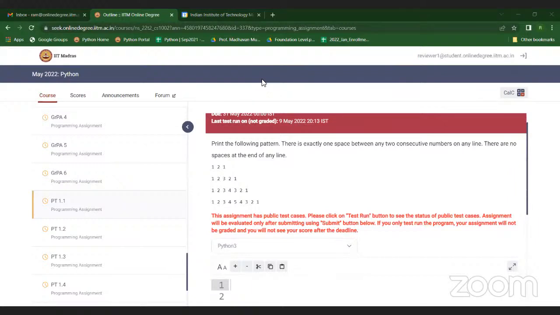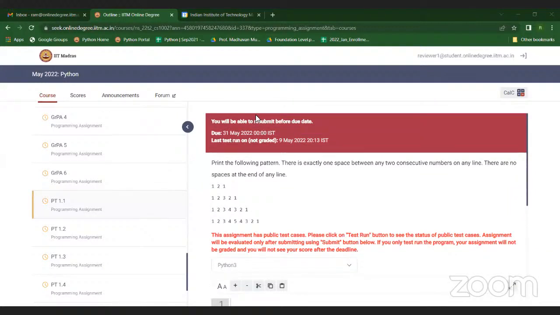Is this just for practice purposes? Did you add it late? How can I find this type of problem? PT 1.1, 1.2, you'll be able to see it in the portal. In my portal there is GRPA and PPA. It has been updated now, you just need to refresh it.